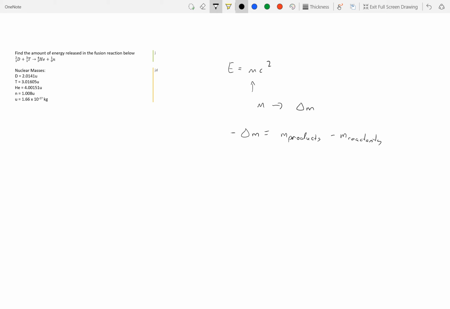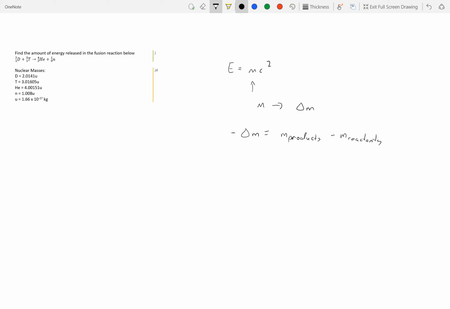Those are both isotopes of hydrogen. A deuteron is a hydrogen atom that has a neutron, and a triton is a hydrogen atom that has two neutrons. So those could also be thought of as hydrogen 2 and hydrogen 3, although they get special names. When those two things are fused together, they produce an alpha particle, helium, and a neutron.